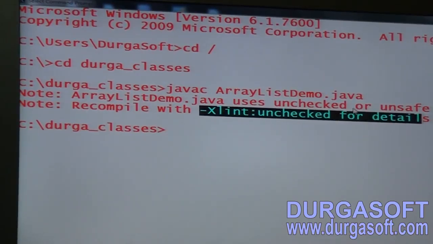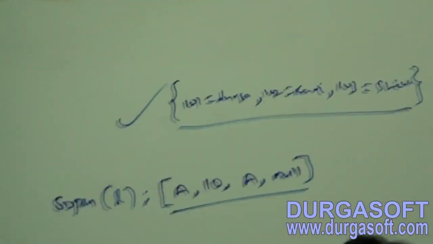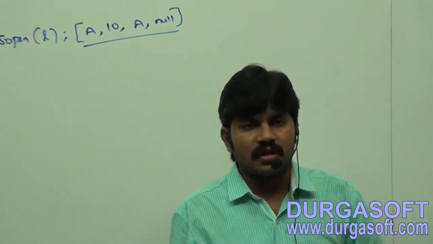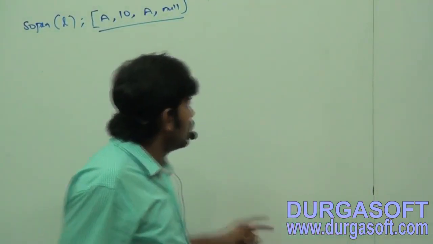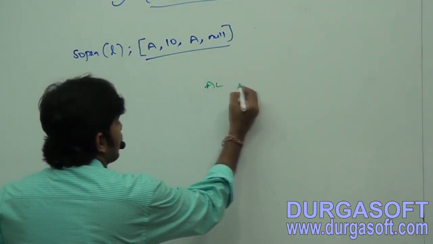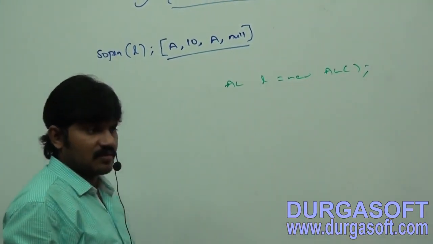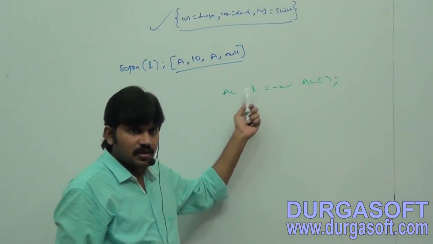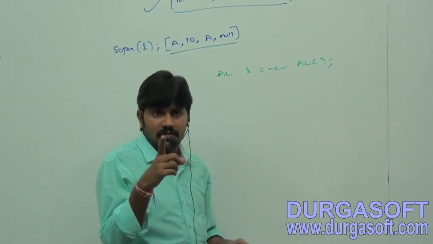In the 1.5 version, the generics concept came. From 1.5 version onwards, it is highly recommended to use collections with generics. In our example, how did I create the ArrayList object? Normal ArrayList l equal to new ArrayList. Immediately the compiler is telling, don't create like this. If you create like this, you can add any type of object and you may miss type safety.